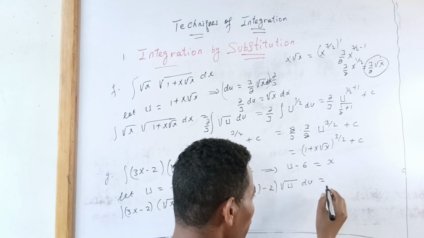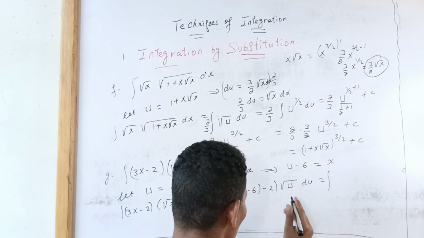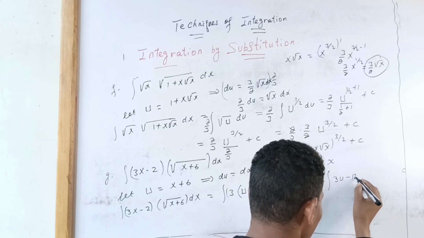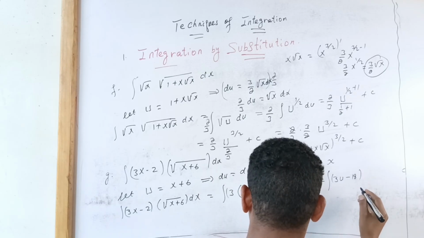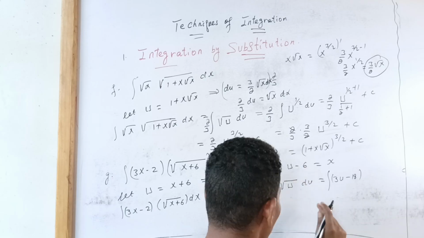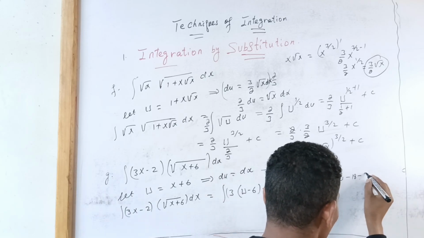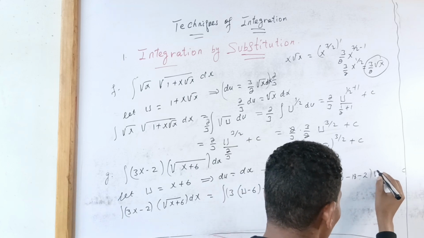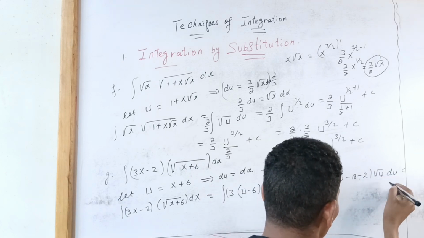This is equal to the integration of 3u minus 18 minus 2, times radical u du.